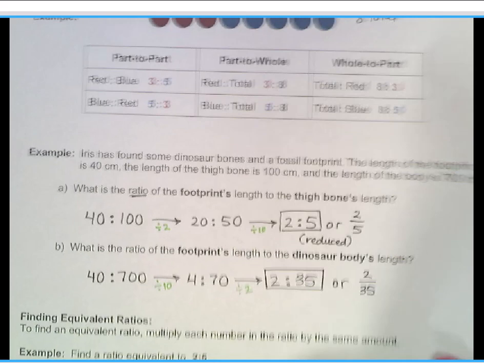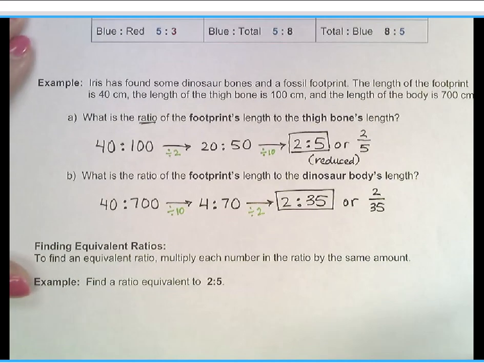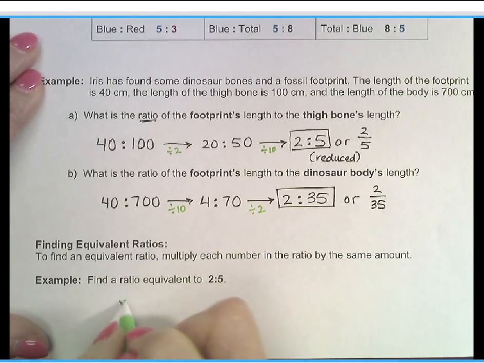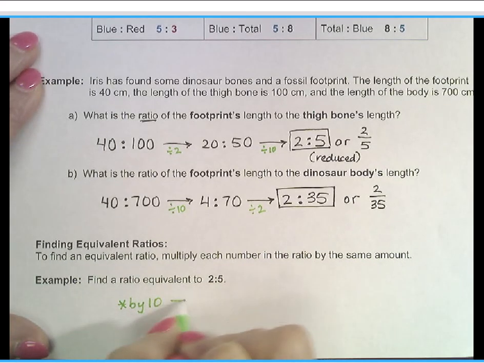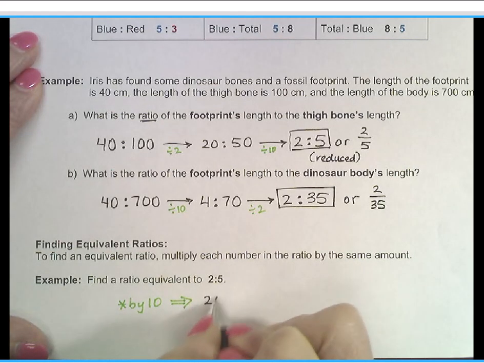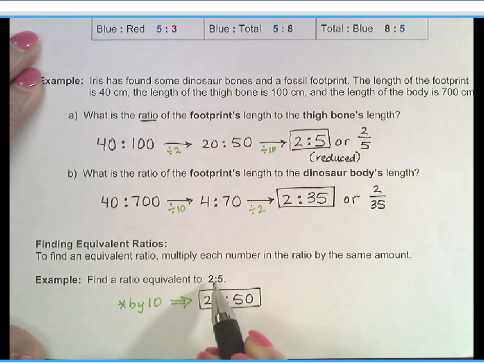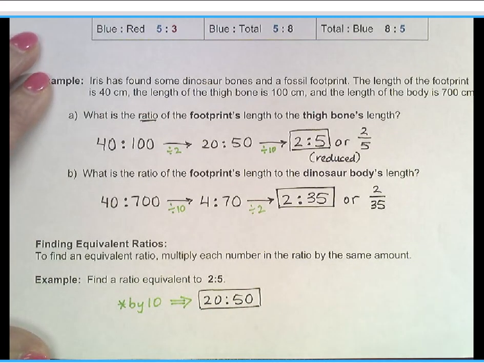So to find equivalent ratios, it's kind of like how we found equivalent fractions. To find an equivalent ratio, multiply by any number that you want. It's just if you're going to multiply one number, you have to multiply the other number by the same amount. So just pick a number, whatever you feel like. I don't know, maybe you want to multiply by 10. Okay, if we multiply both of these numbers by 10, we get 20 to 50. And 20 to 50 is saying the same thing as 2 to 5.